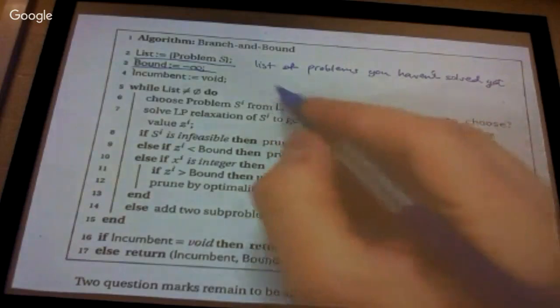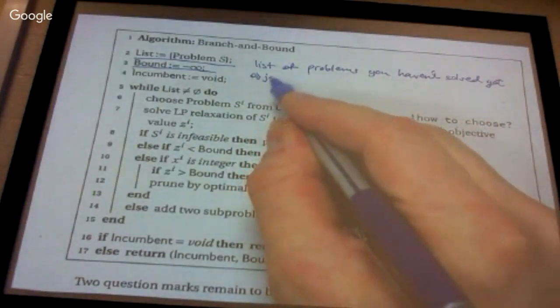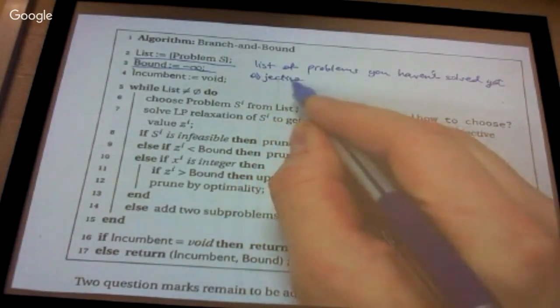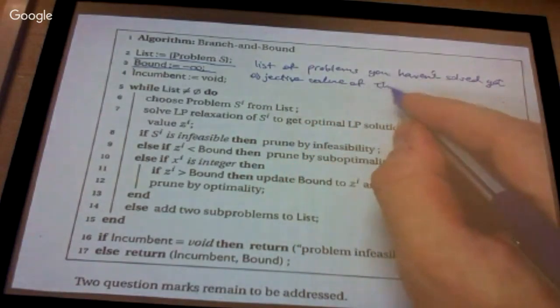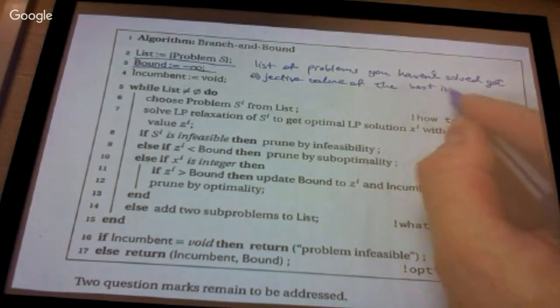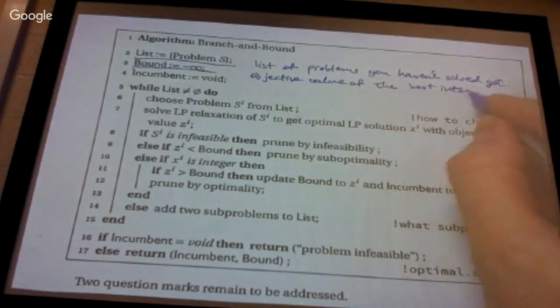So this is the objective value of the best integer solution found so far.